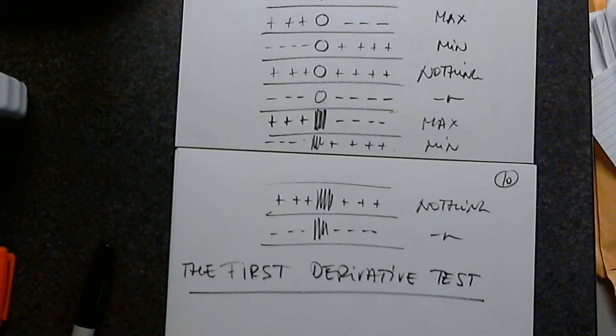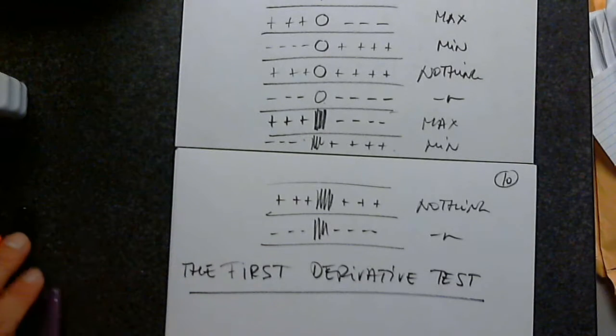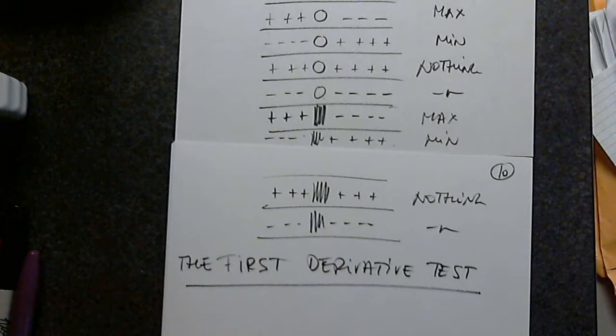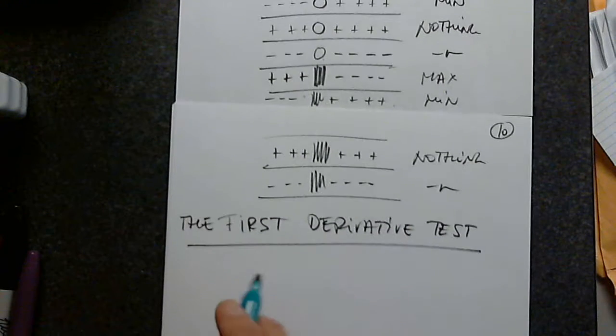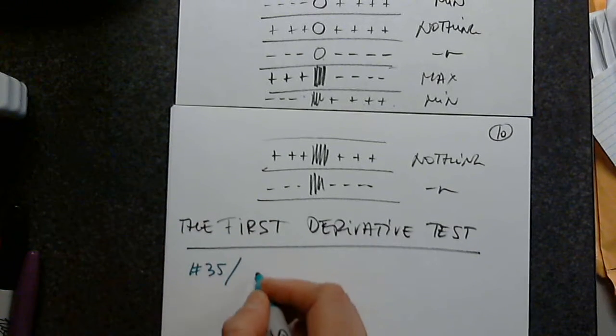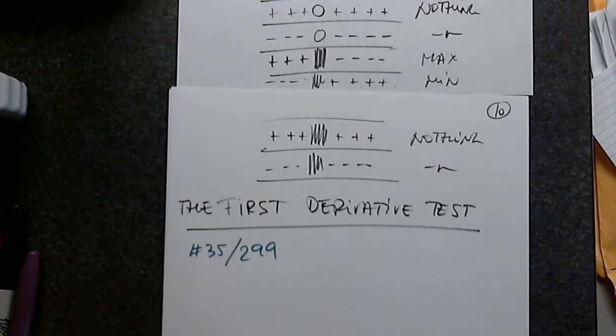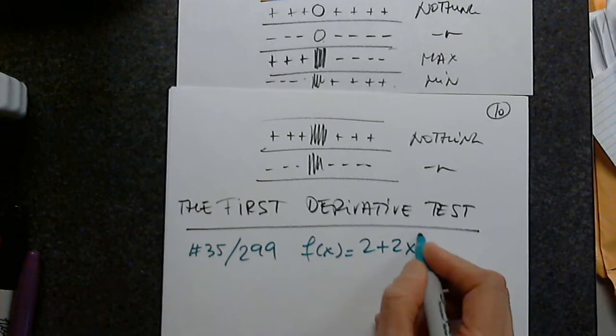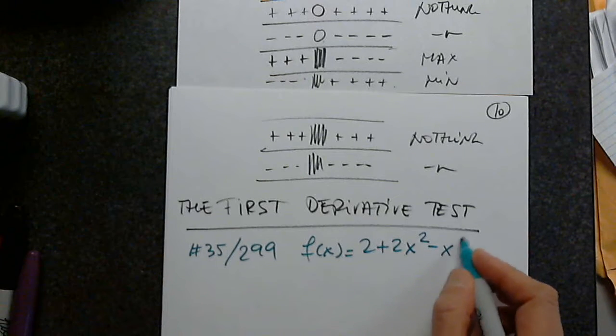I can't find a problem that focuses only on the first derivative test. We can just choose one and do part of it, and then we'll come back to it. Okay, let's do another polynomial function. Let's say 35 on page 299. F of x equals 2 plus 2x squared minus x to the 4th.